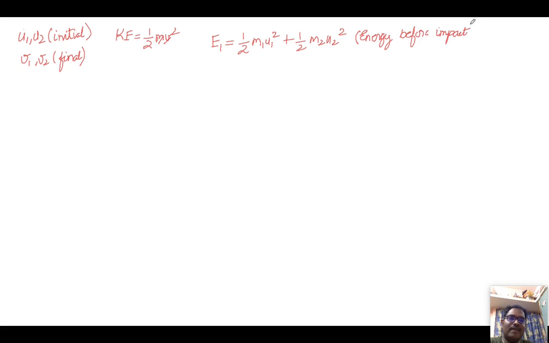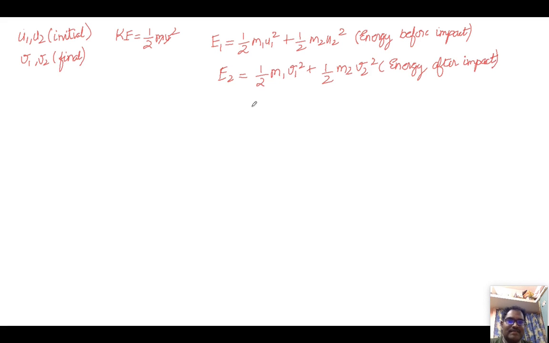Similarly, after it has collided, you have kinetic energy which is half m1 v1 square plus half m2 v2 square. So this is basically the energy that you get after your impact.